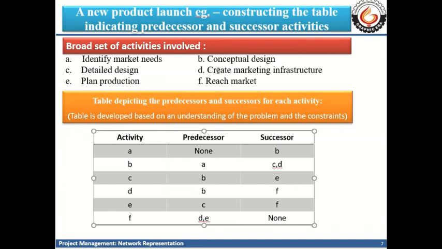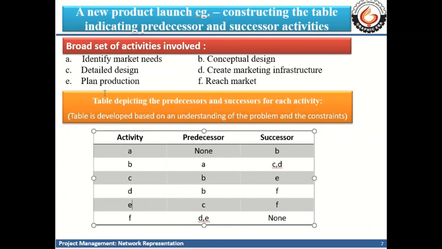Before that, we need to have accomplished the activity of conceptual design. So B becomes its predecessor, and after creating marketing infrastructure, we can go ahead with reaching out to the market. So that is its successor activity, that is F. It is listed out here.